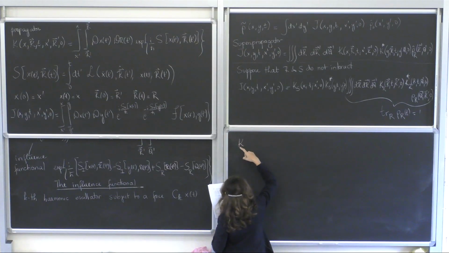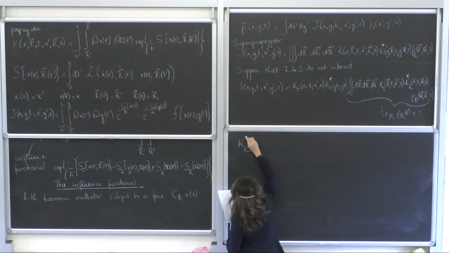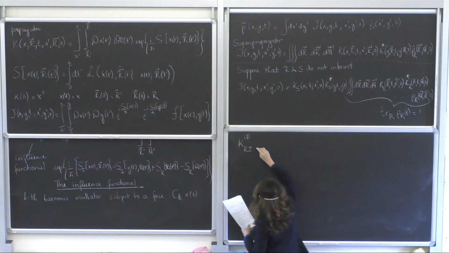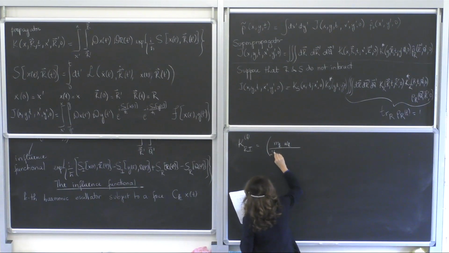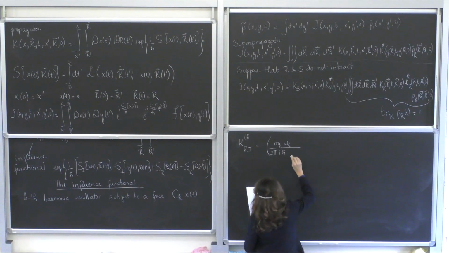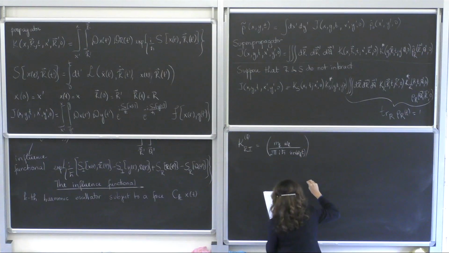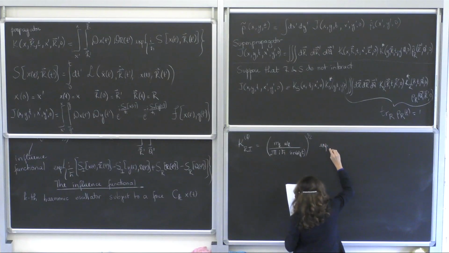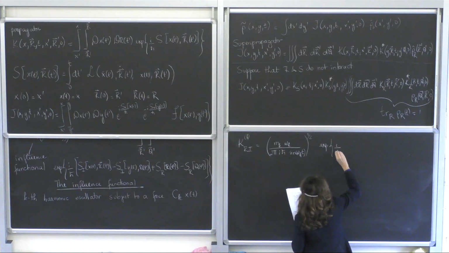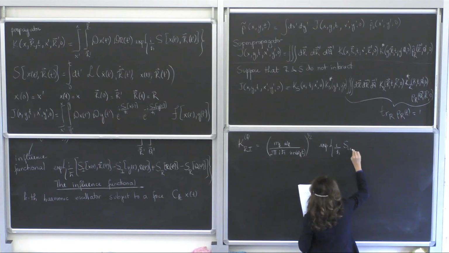So my propagator concerning the reservoir and the interaction for the kth harmonic oscillator is going to be mk omega k divided by 2 pi i h bar sine of omega k times time, to the power 1/2, times exponential of i over h bar S classical of k.